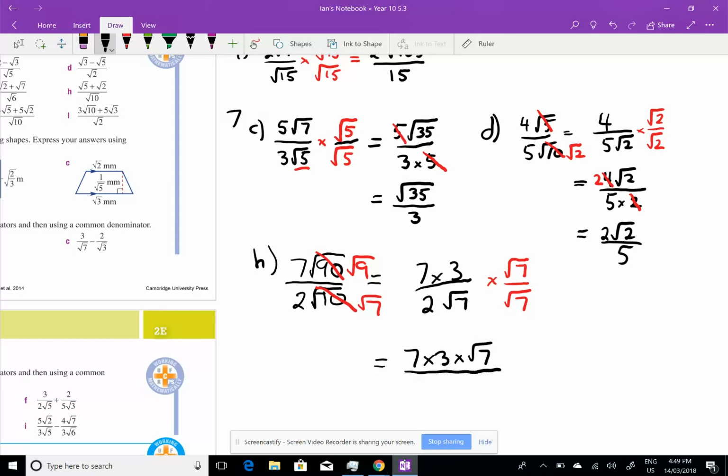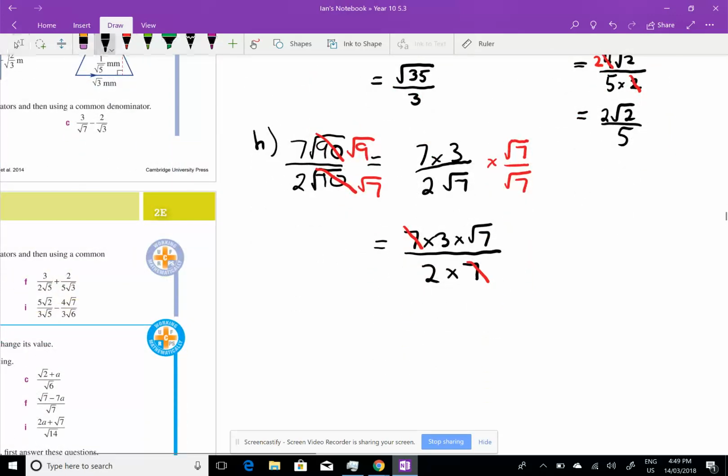And on the bottom, I'll get 2, and root 7 times root 7 is 7. And aren't you glad you didn't multiply it out now, because the 7 will cancel, which gives me 3 root 7 on 2. And if I look at 7h, that's the answer.